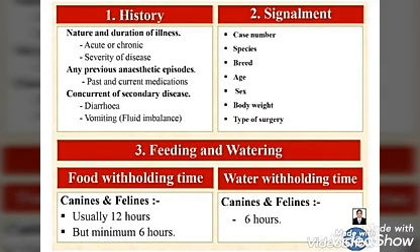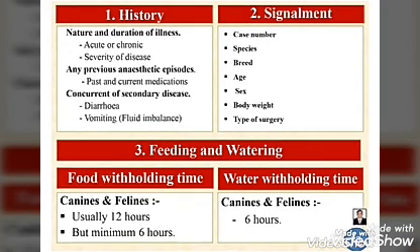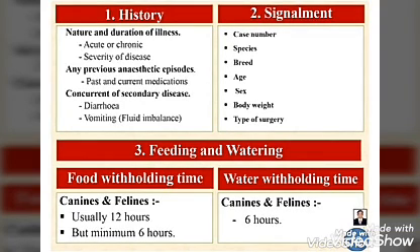Then the third point is feeding and watering. A feed withdrawal period of at least 6 to 12 hours is generally recommended in canine patients. Minimum 6 to 12 hours of food withdrawal is followed, and a water withdrawal period of 6 hours is recommended in canines, even in felines, particularly in planned surgeries.